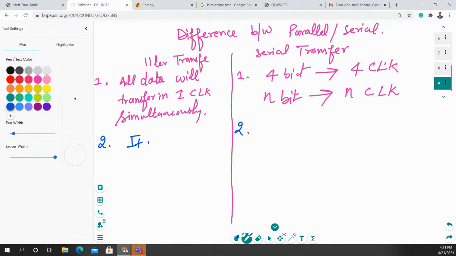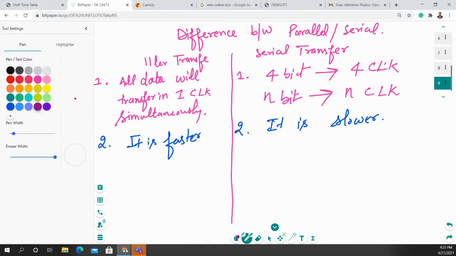It is faster, and it is slower, because all the data will be transferred in serial manner.